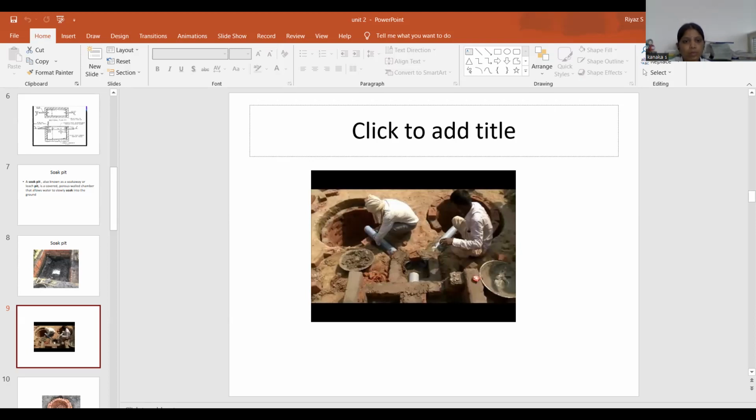So this is the rate analysis table: serial number, description of items, numbers, measurements.